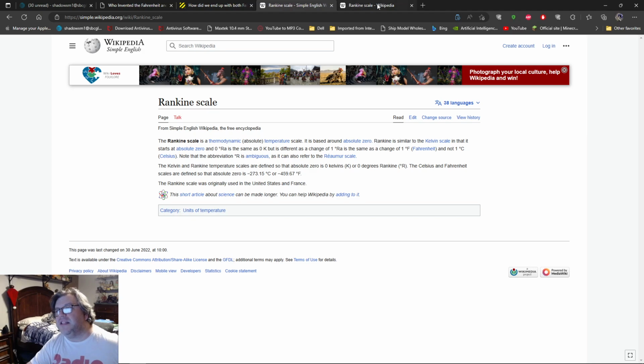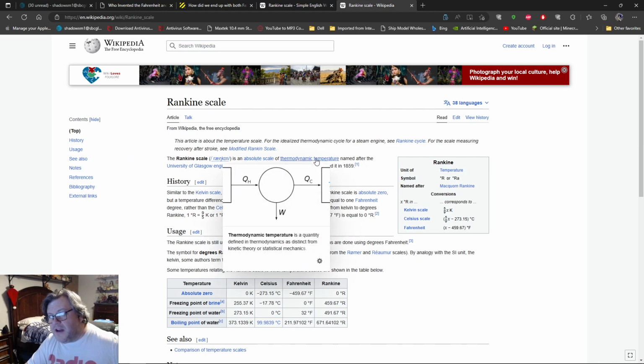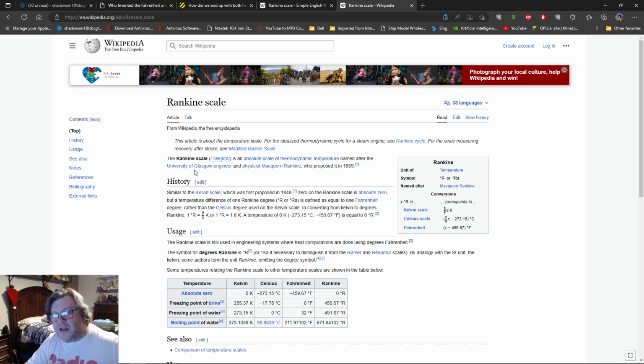Okay, well, let's see how this came to be. All right, this article is about the temperature scale of Rankine. It's an absolute scale of thermodynamic temperature named after the University of Glasgow engineer and physicist Macquorn Rankine, who proposed it in 1859.